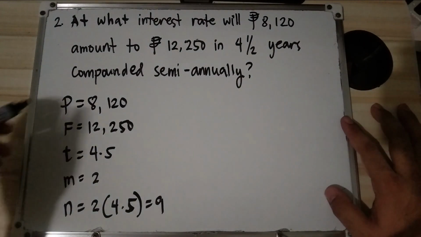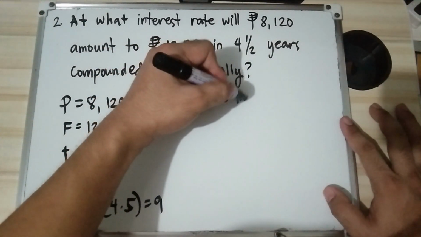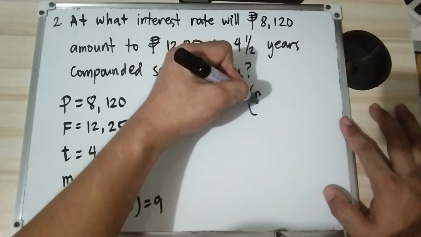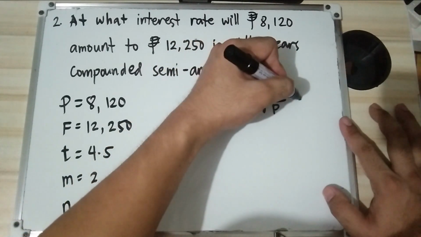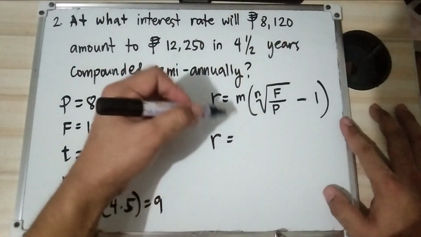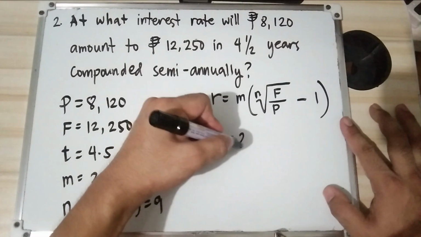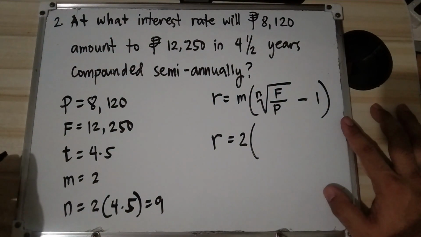So, yung formula sa paghanap ng R is, again, M times N root of F over P minus 1. So, R is equal to 2 times yung N dyan, yung 9.